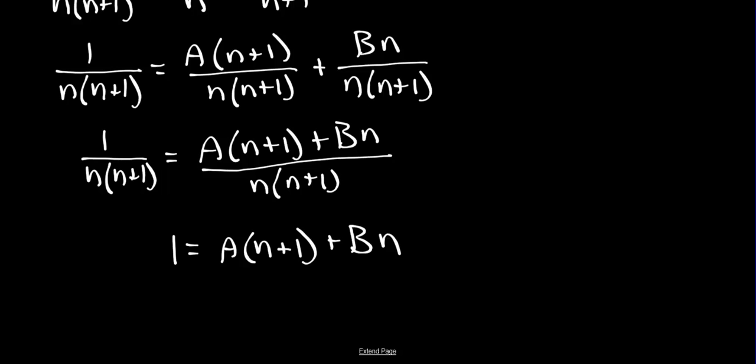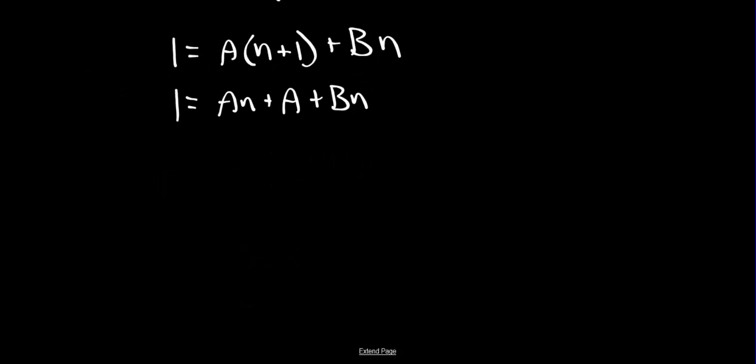And I'm just going to equate coefficients. So I've got 1 equals an plus a plus bn. See, I cleared my parentheses. Now, notice that I can group the n's together. So I've got 1 equals a plus b n, plus a. See, I just put this and this together, plus a.